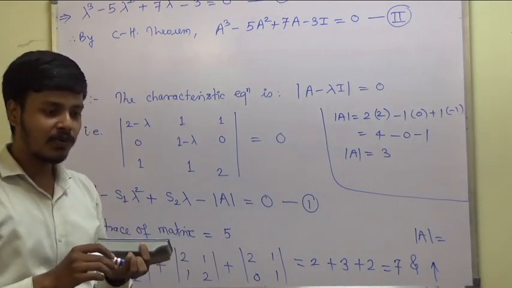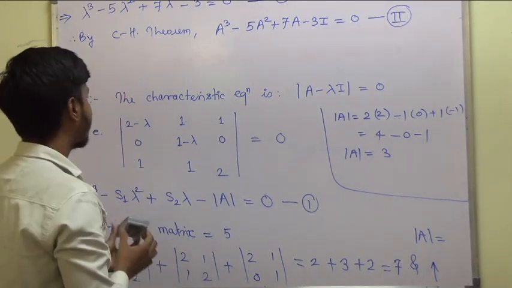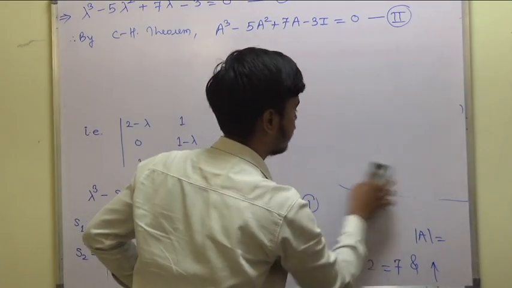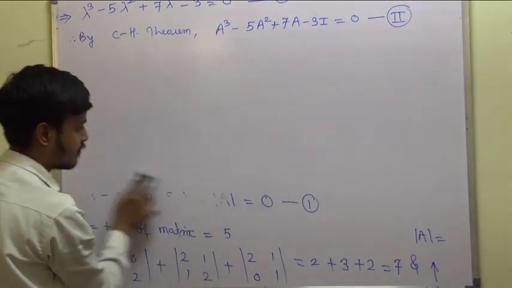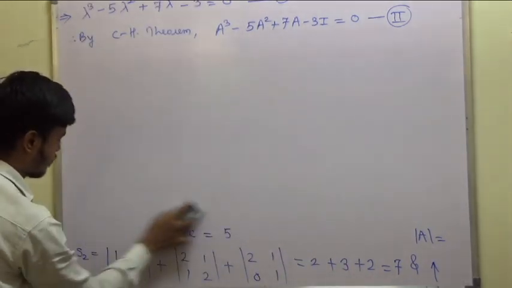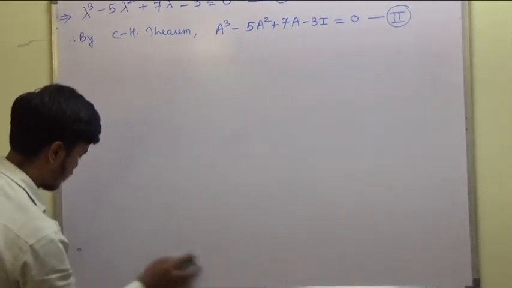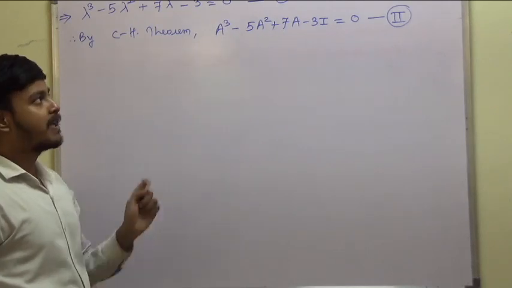Okay. Now if you remember what we need to find out, we need to find A power minus 2, right? So we have A cube minus 5A square plus 7A minus 3I.